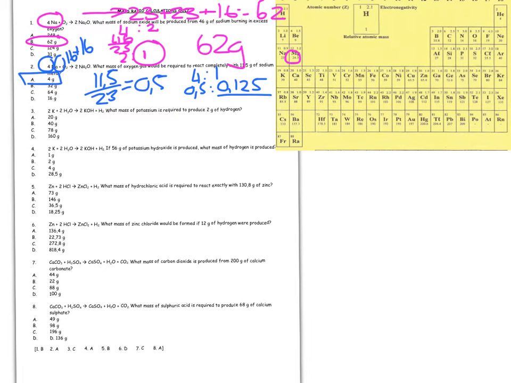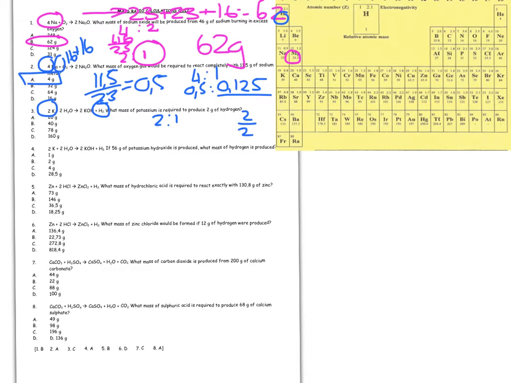I've now got potassium and water. What mass of potassium is required to produce 2 grams of hydrogen? So I've got potassium and hydrogen in a relationship. It's a 2:1 relationship, and they want to produce 2 grams of hydrogen. Hydrogen is H2, so 1 plus 1 is 2.